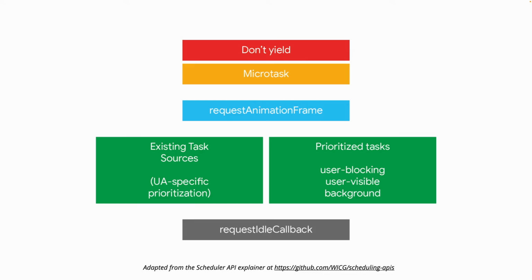Think of this priority as best for interactions that need to be processed as soon as possible. Then there is user-visible, which is for medium priority work that may result in visual changes to the user interface, but maybe isn't strictly critical. And the third is background, which is for low priority work, especially work that the user doesn't necessarily see or know is happening.